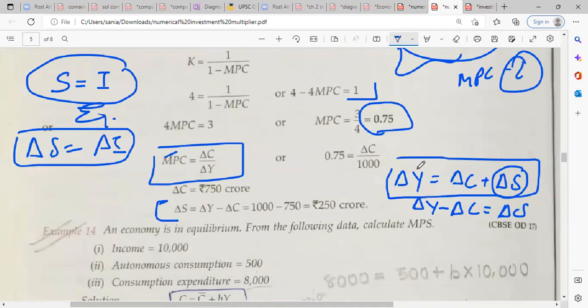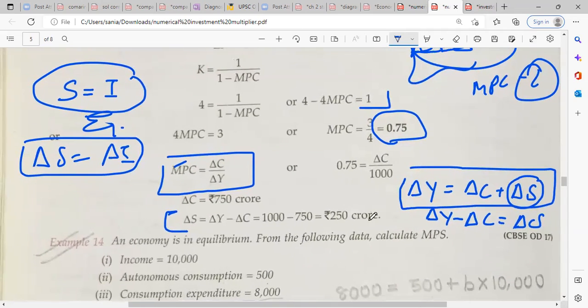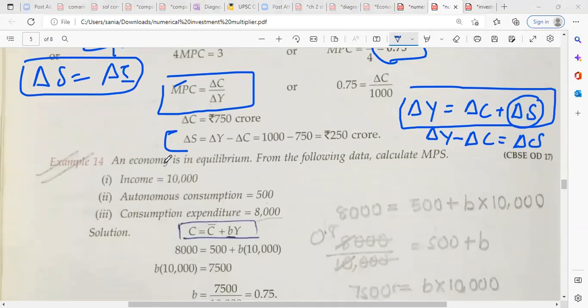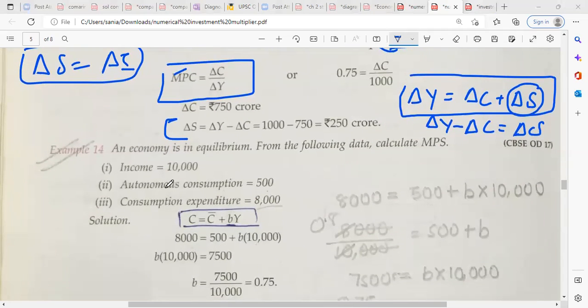So this one, over here, you have to calculate MPS. Getting the point?